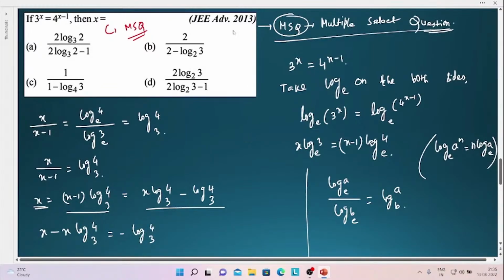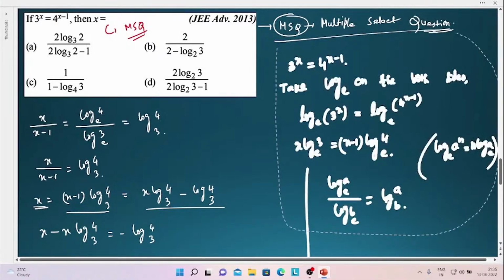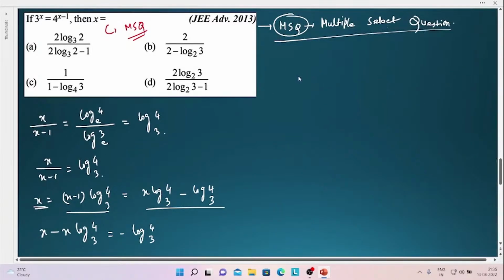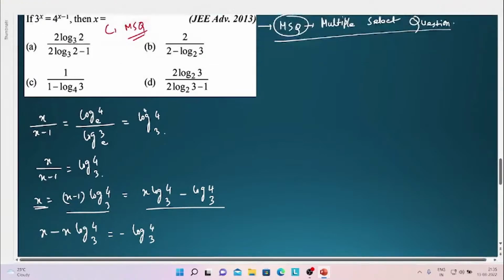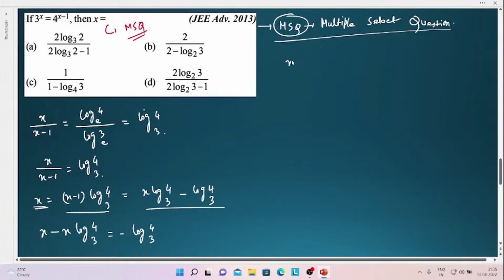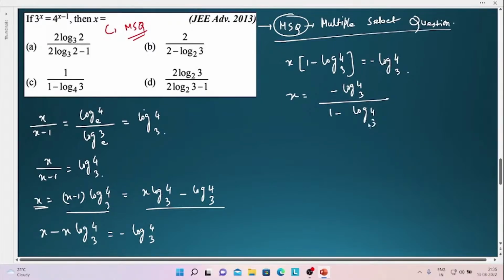Let me erase some part so that we have more space. So if I take x common from the left side, we have x times 1 minus log 4 base 3, which equals minus log 4 base 3. So what will be the value of x? It will be minus log 4 base 3 upon 1 minus log 4 base 3, right?